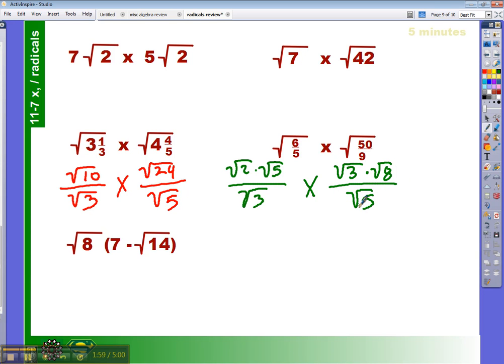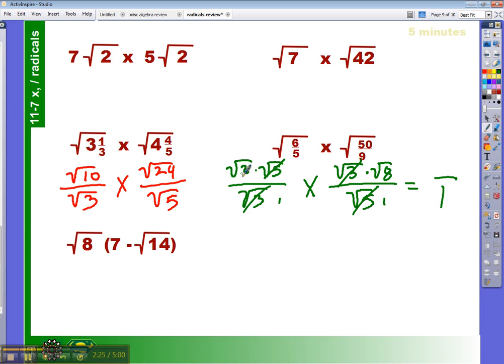Look. Square root of 5 over square root of 5. What is the square root of 5 divided by square root of 5? It's not 0. It's 1. We have another 1 and 1, so we have 1 times 1 in the denominator, which gives us 1.